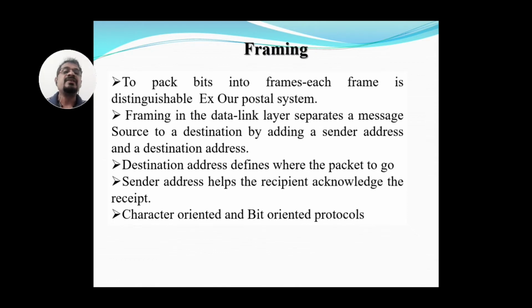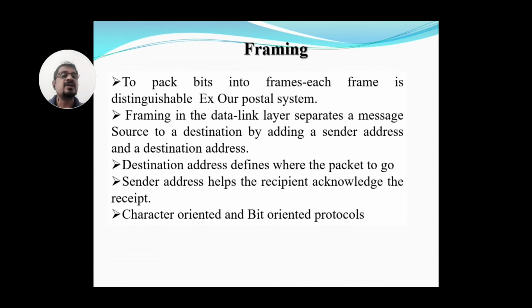So framing in the data link layer separates a message from a source to a destination by adding the sender address and the destination address. Whenever it makes a frame, that frame must have both the source address as well as the destination address.